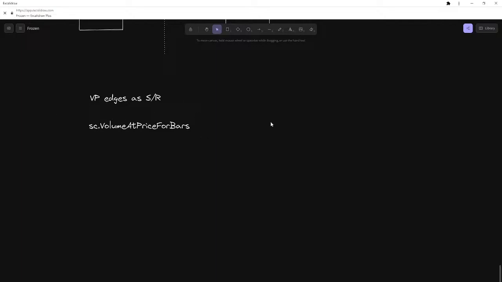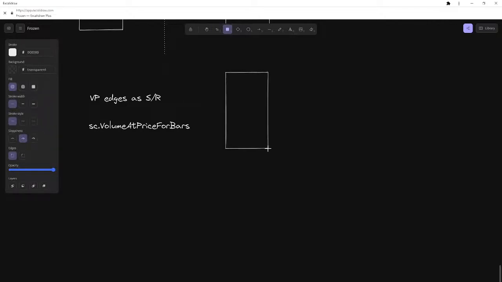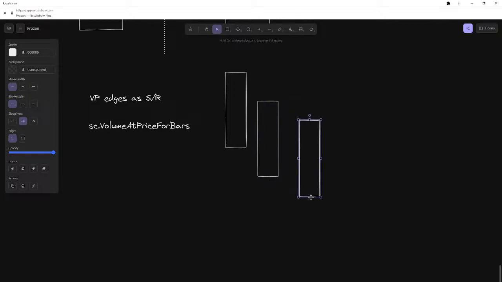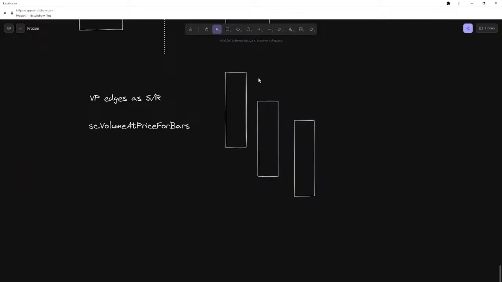Let's say that these are chart bars, right? And let's do our 3 bar model. Let's say we're going down right now, and this is index 0, index 1, and index 2.